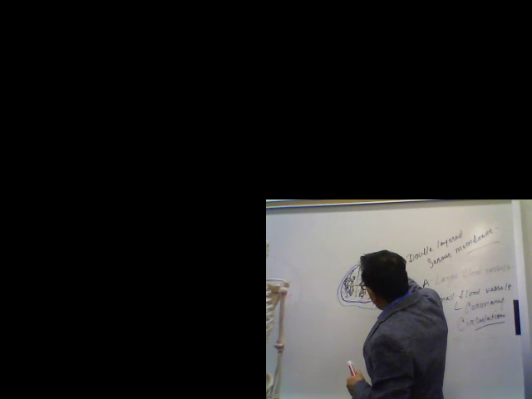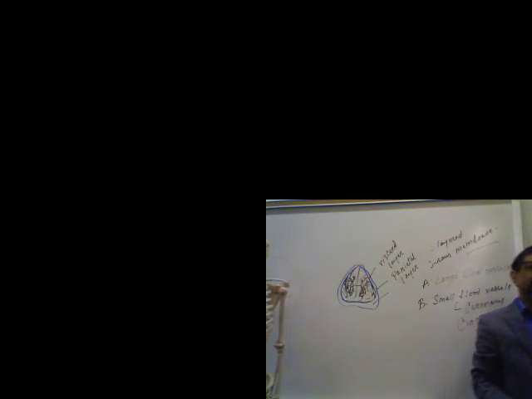There is a space. So the inner layer is called the visceral layer, and the outer one is called the parietal layer of pericardium. Okay, and the gap between these two is called the pericardial cavity or space.